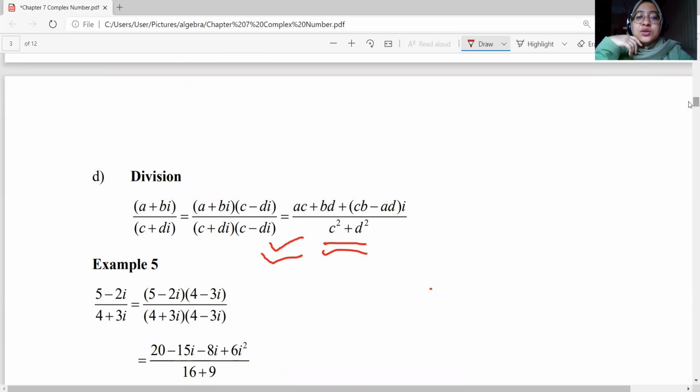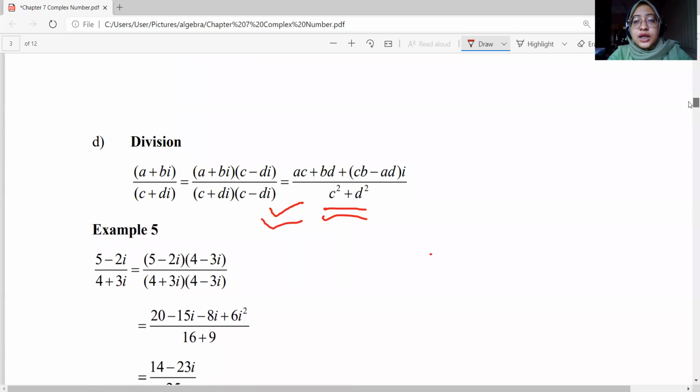Okay, so both numerator and denominator you have to multiply with the conjugate. The conjugate refers to the denominator value, not the numerator. So if the denominator you multiply with C minus DI, it is the same you have to do with the numerator part.